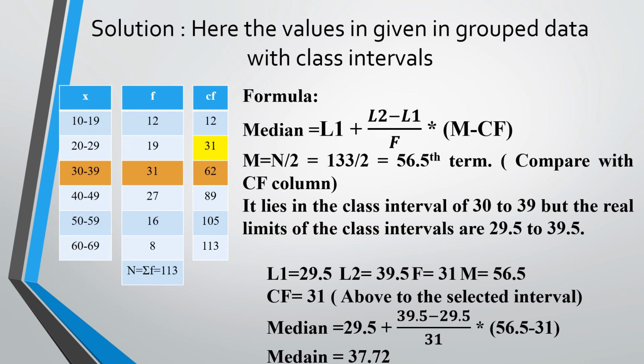So this is how we need to calculate the median in case of grouped data when the class intervals have been given. And keep in mind here that if the class intervals are continuous, then there is no need to convert those class intervals again. Since there is a gap in the class intervals, we have considered this conversion.